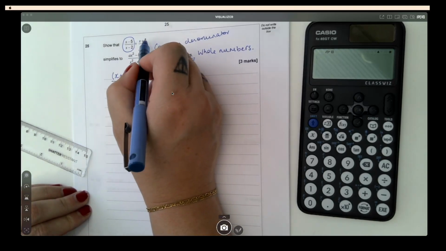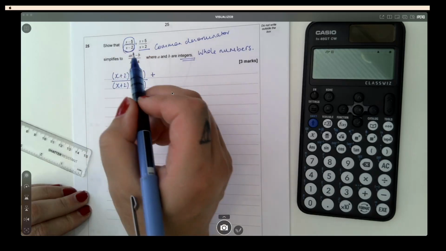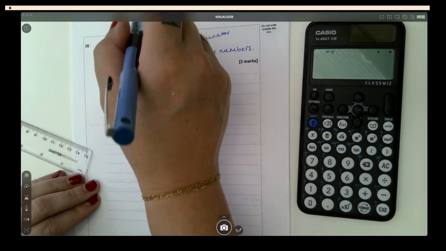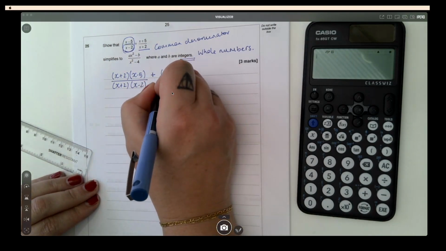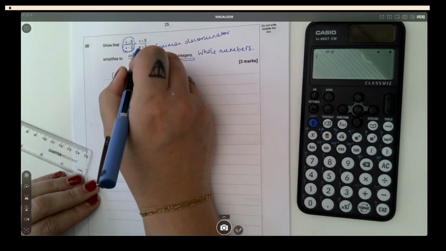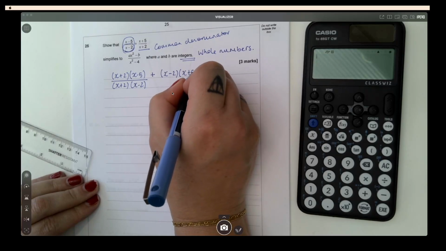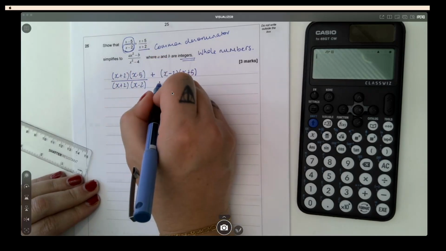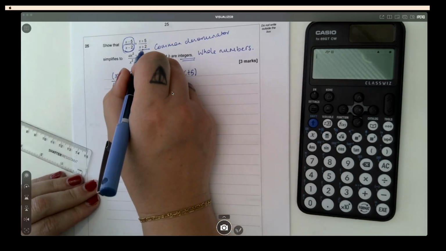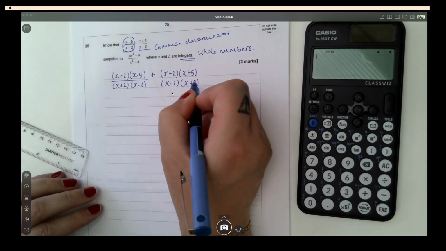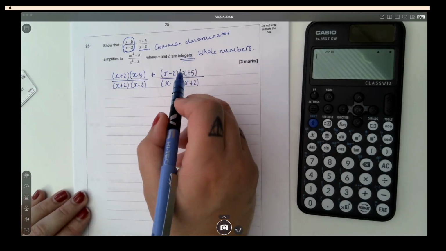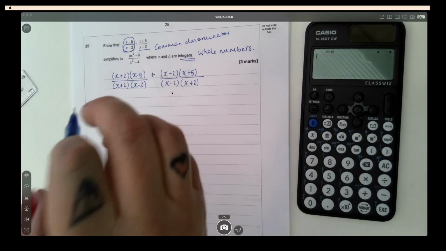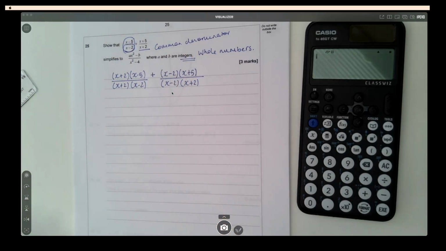Now for this fraction, we're going to multiply by x subtract 2, top and bottom. Remember, you've got to do the same to the top that you do to the bottom. So x subtract 2, x plus 5, and then x subtract 2 and x plus 2. It's really important to take care with this to make sure that you're writing the correct signs and you're not getting confused by all the different algebraic parts.